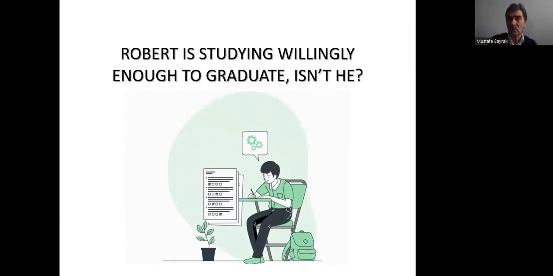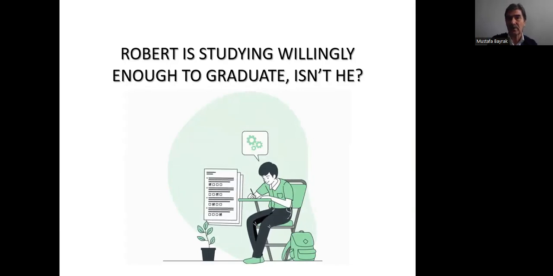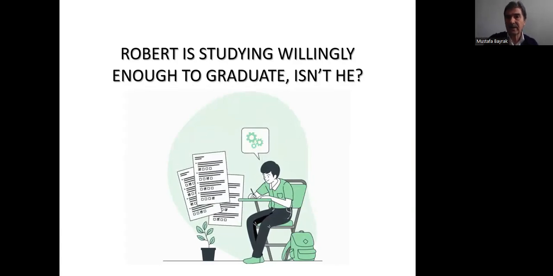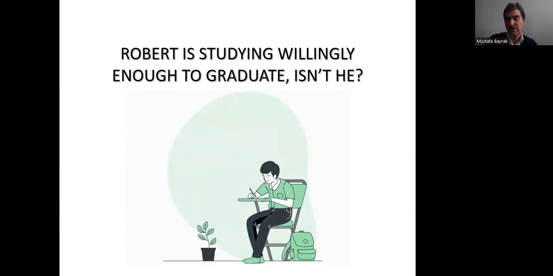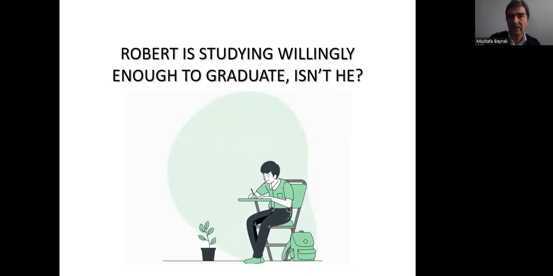Willingly is a normal adverb, but adjective enough, adverb enough. Robert is studying willingly enough to graduate, isn't he? We are witnessing that Robert is studying willingly enough to graduate.